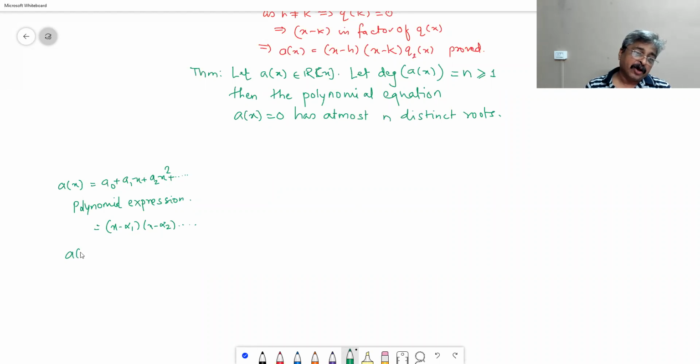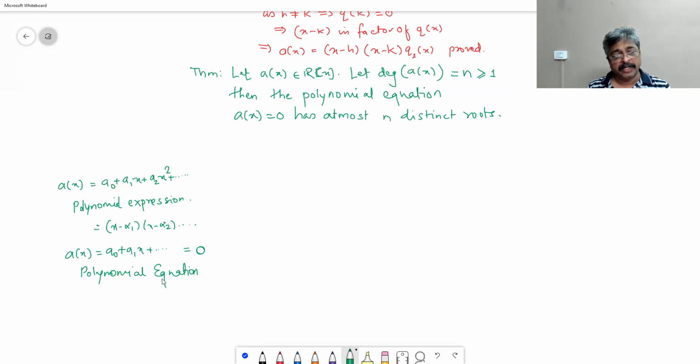And when I say a(x) is equal to a0 plus a1x plus dot dot dot is equal to 0, this is a polynomial equation. Equating your polynomial to some real number, which is 0, because we can always keep the RHS 0, because if there is any other number we can bring it to the LHS and include it in a0, right?